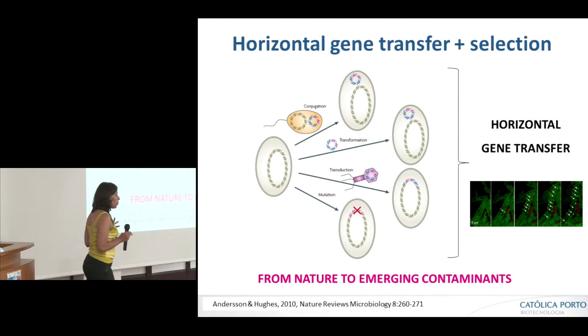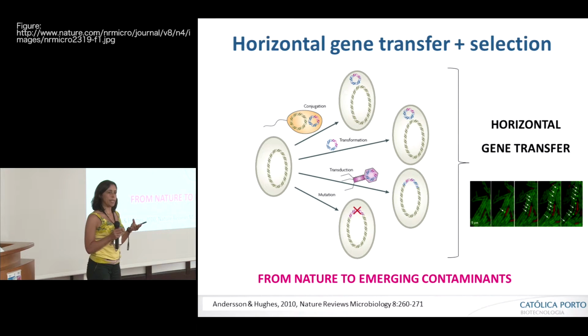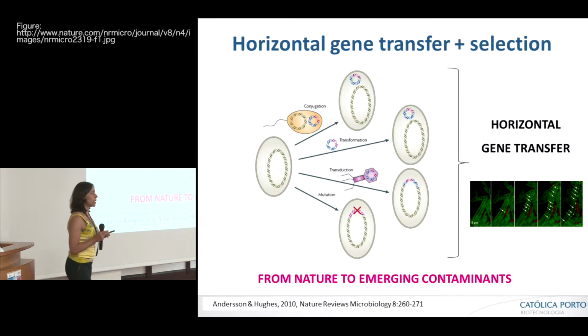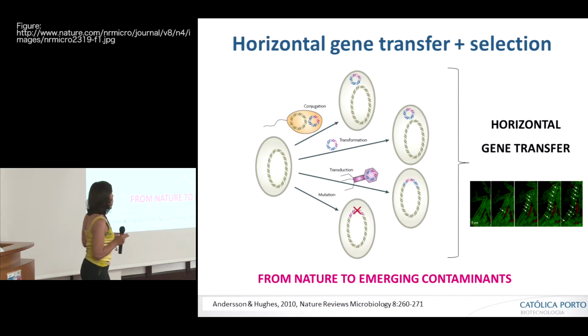Why does it happen? We have two different processes. One is that bacteria can transfer antibiotic resistance among them. When they are under selective pressure, when bacteria are endangered by antibiotics, they can share the resistance genes with other bacteria in the community. This can happen in our gut, but also in the environment.